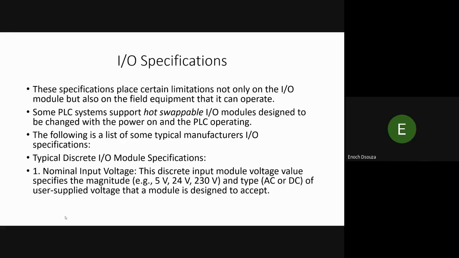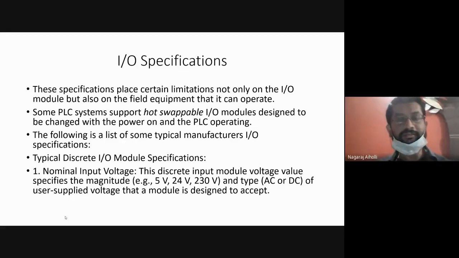Okay. There is a term here called hot swappable IO modules. The meaning of hot swappable IO modules is, these are the ones which can be operated whenever the PLC modules are online. Whenever the PLC modules are being operated, whenever it is in on condition, at that time the IO modules can be changed.